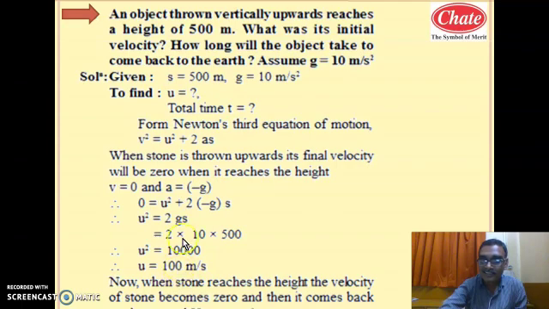Kinetic energy is converted into potential energy and potential energy is again converted into kinetic energy. Hence whatever the velocity with which we throw the object upward, with the same velocity it strikes the ground. So this u equal to v when the object reaches the ground.